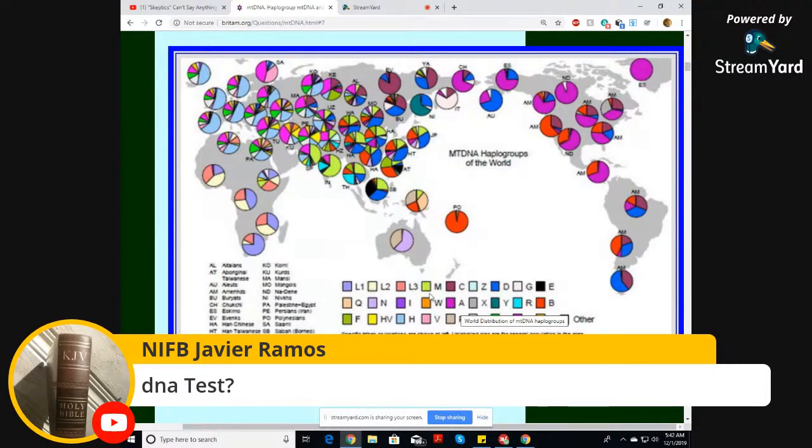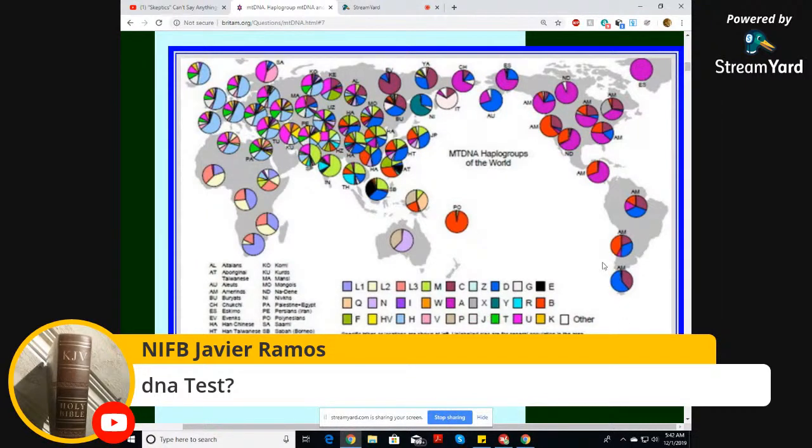And the M, which would be all of these, everything M and everything after M up to Q would be, I'm guessing, the descendants of the Japhethites, which we'll go ahead and check now. D is highly represented, the blues over here, so that'd be Asian, basically. And all the way into South America, the blues are represented.